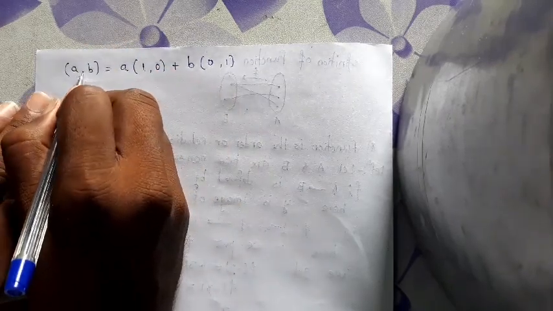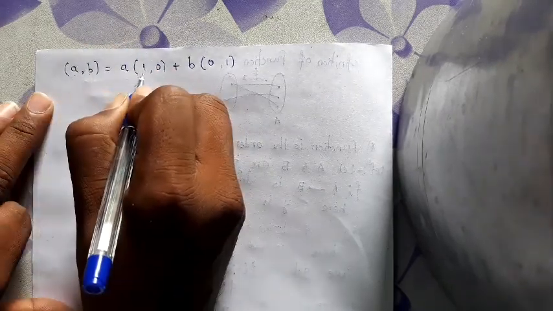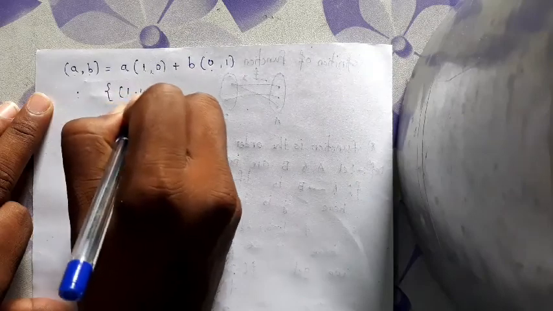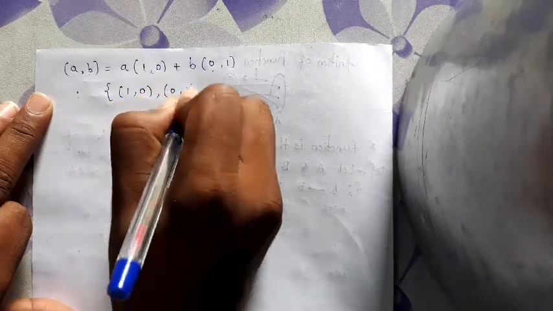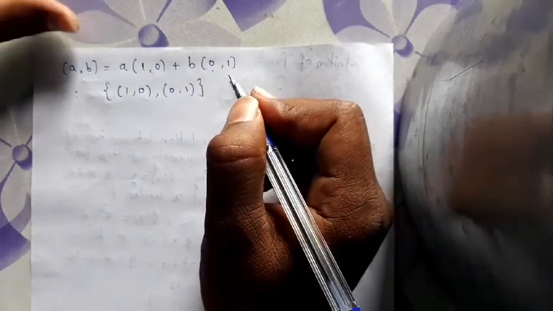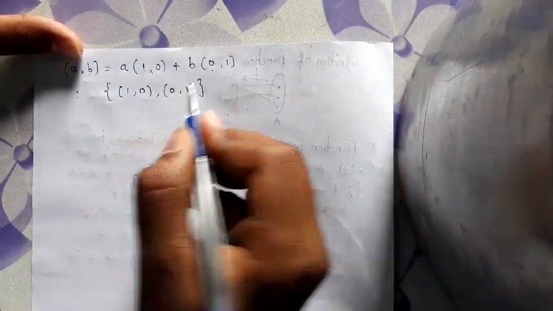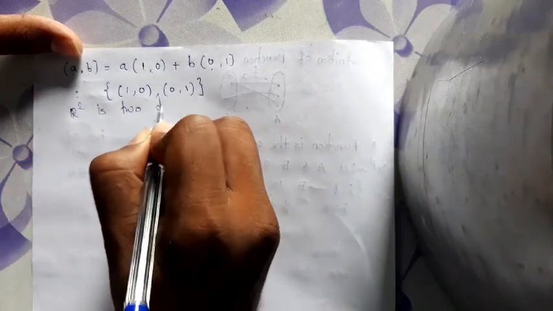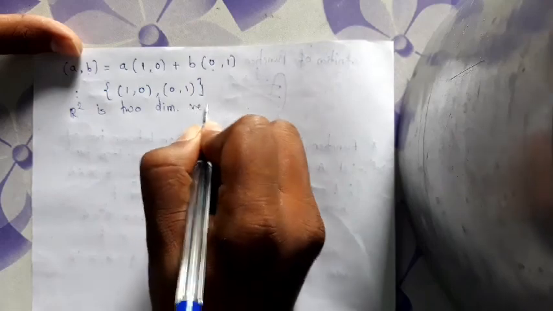So for generation of (a,b) we want two vectors, therefore the basis elements (1,0) and (0,1) generate each and every element of R2. Therefore R2 is a two dimensional vector space.